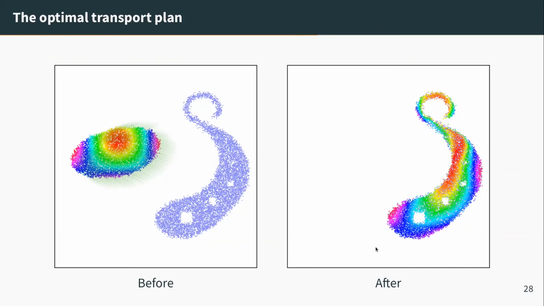You see that optimal transport, at most locations, is smooth, and it really matches the two distributions together, but it's not smooth everywhere, and that's very important. You have no guarantees of preservation of the topology. Here you see this because the red disk was split in two parts.